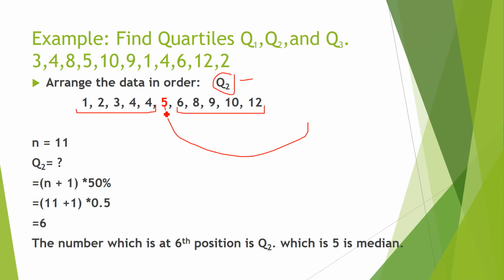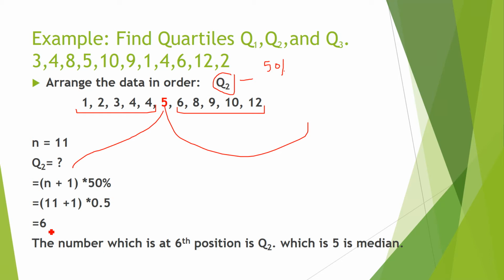But if someone asks you to calculate the median with the help of a formula, this is the simple formula: n plus 1 multiplied by 50%. Why 50%? Because we are calculating Q2, quartile 2, and quartile 2 is 50%. The median is always the 50% of the data. So we have 11 observations, 11 plus 1 is 12, times 50% is 6. 6 does not mean that 6 is the median.